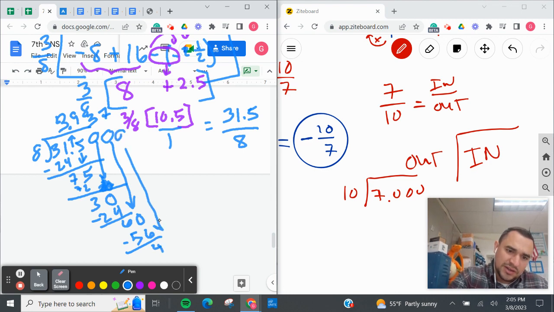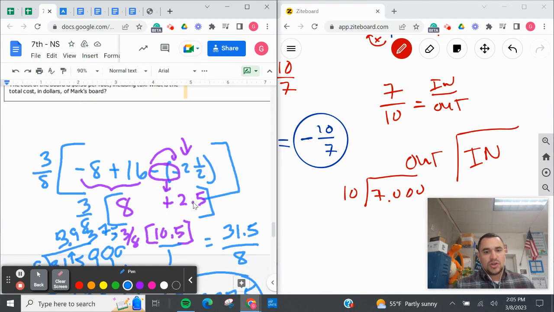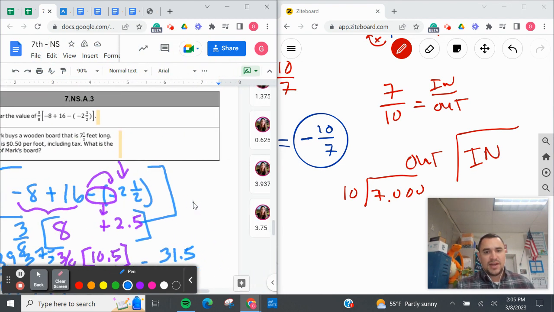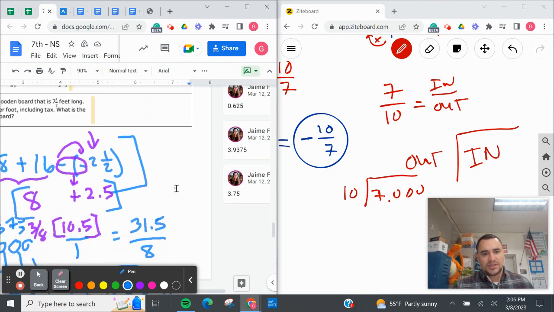And then another 0, and then you get 8 and 40 is 5. So your answer should be 3.9375 because that goes into it. If it doesn't tell you to round, you want to get the exact answer. So 3.9375 is the correct answer.